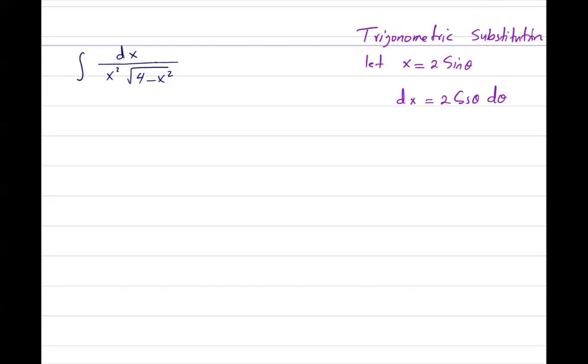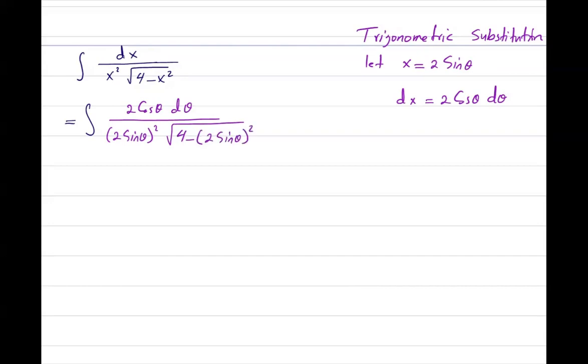So your integral becomes the integral of, on the numerator, 2 cosine theta d theta, and on the denominator, you end up with x squared, which is 2 sine theta to the second power, times the square root of 4 minus 2 sine theta to the second power. Okay, try to simplify this.